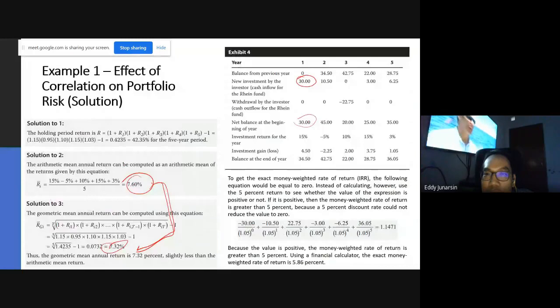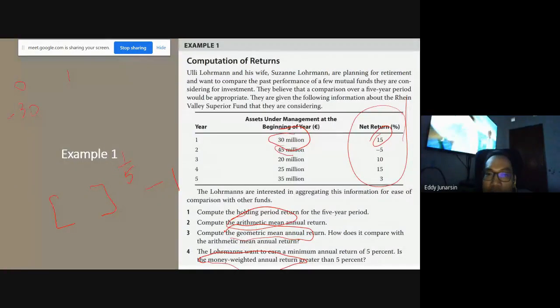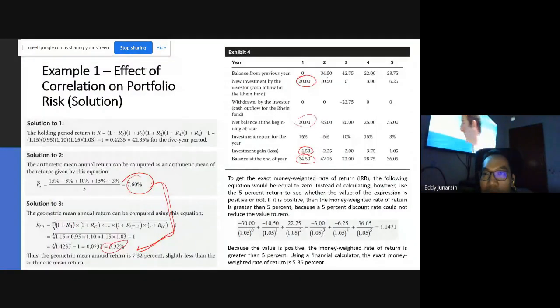So 15% of 30 is 4.50. So the balance at the end of year 1 is 34.50. But from the information we found out that when we started the second year, our money was 45. So we know that 10.50 is the addition.